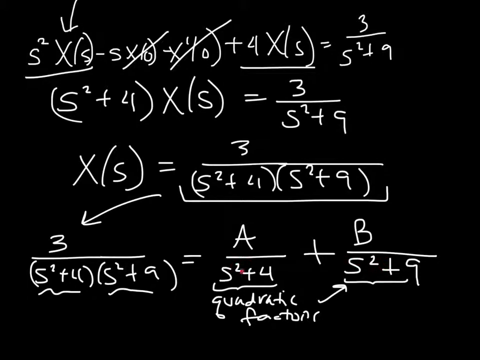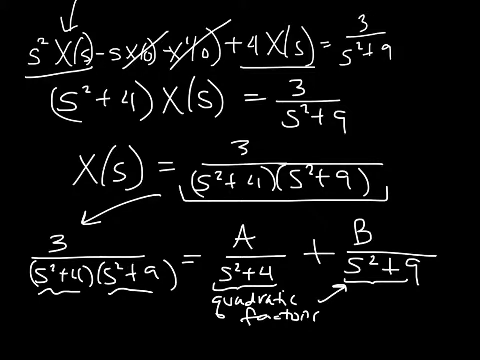Usually, like s plus 3 in the last one, we write A on top because the degree in the denominator is 1, and a constant is x to the 0. But this is a quadratic factor, so I need to add s. Let me erase it. I wanted to write the A and B because that's what you're usually going to write.